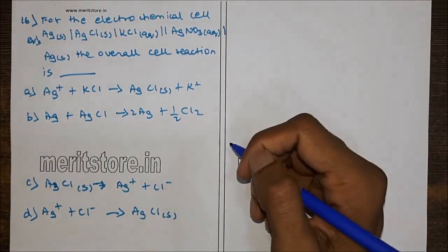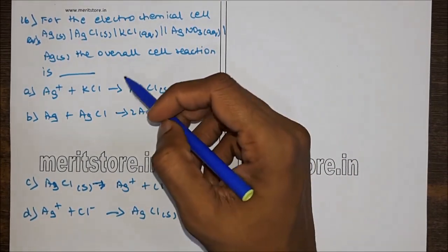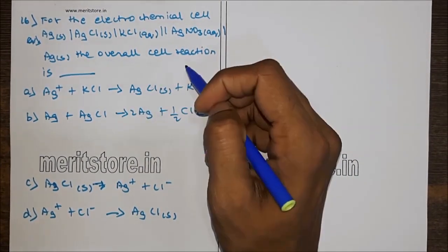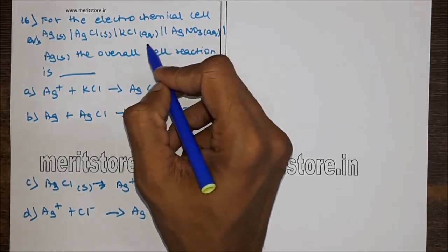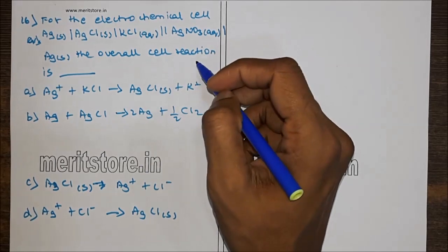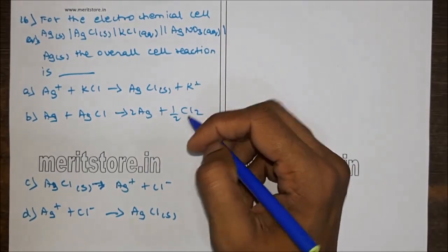Question 16. For the electrochemical cell of silver, the given equation of the electrochemical cell is given over here. So the overall cell reaction, we are given 4 options over here.